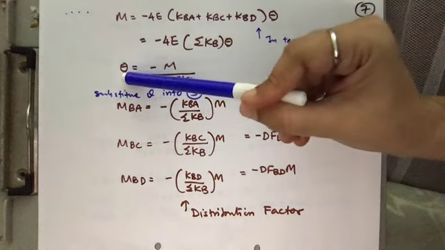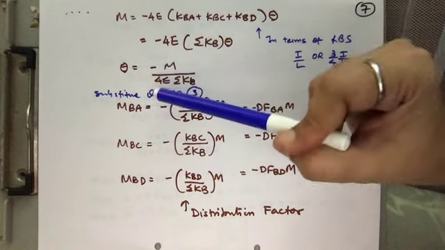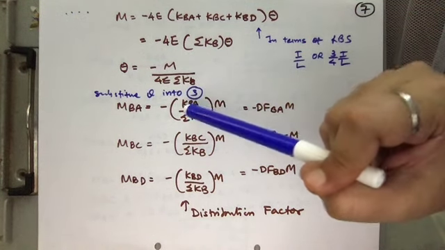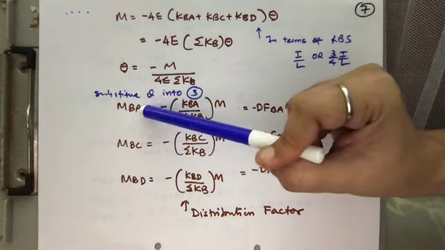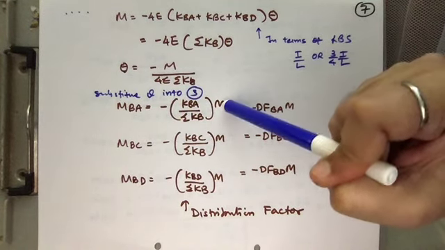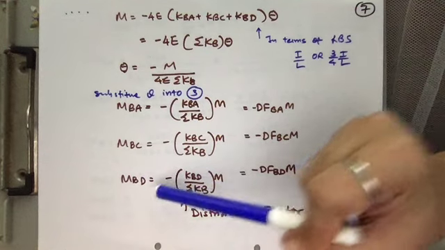From this equation, we can get theta. This theta is substituted into equation 3, shown earlier, the individual moments, and we get the relation between this M and the member moments.